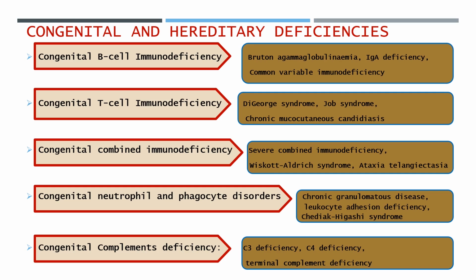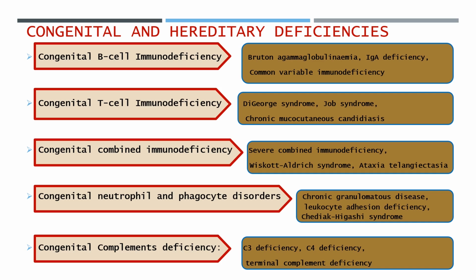The fourth group of congenital deficiencies are the congenital neutrophil and phagocyte disorders, and the major examples are chronic granulomatous disease, leukocyte adhesion deficiency, and Chediak-Higashi syndrome.